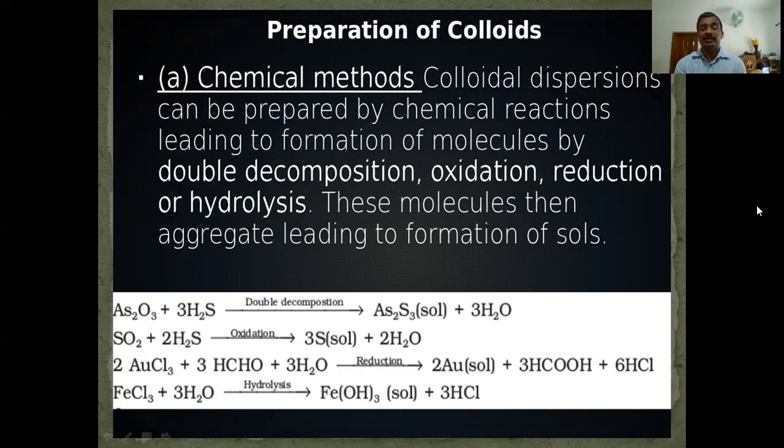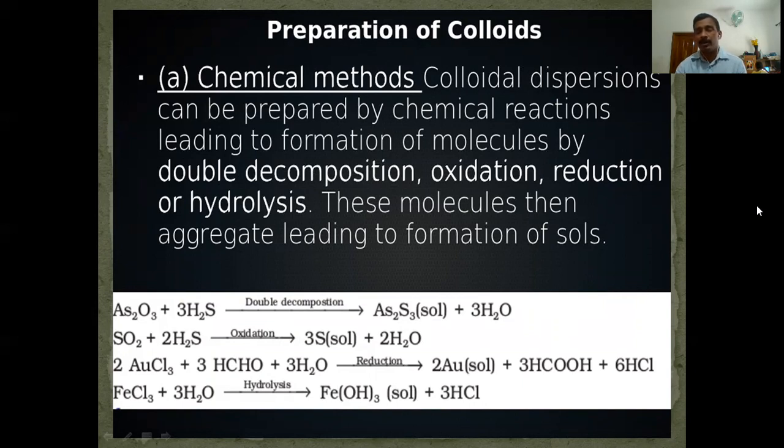Colloidal dispersions can be prepared by chemical reactions. Examples of these chemical reactions are double decomposition, oxidation, reduction, and hydrolysis. Any of these reactions can be used here.